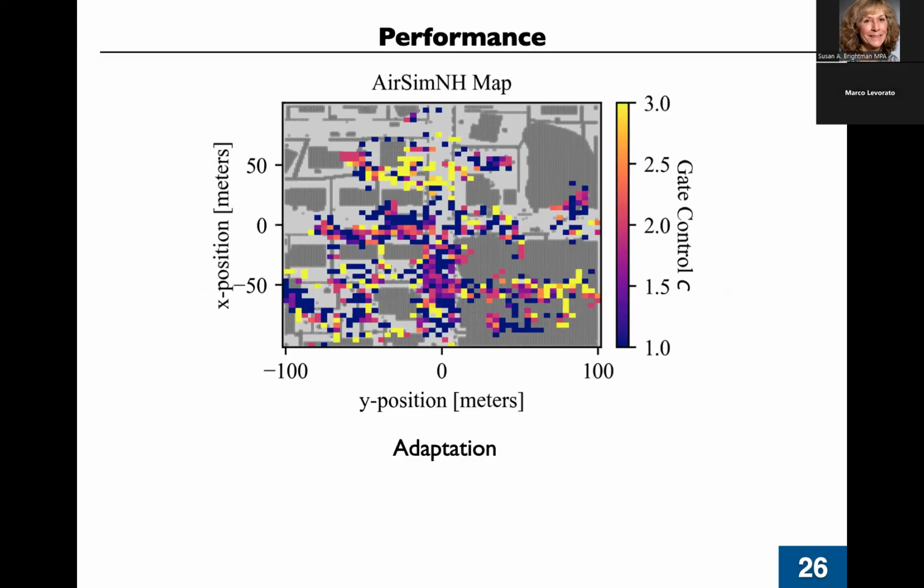Because if everything is far, I can use GPS and just go. If everything is close, no matter what, I need to go some other way. Mid-range, I need to plan, because now I have a problem where I can go one direction or another. I need to navigate in between the buildings. Okay? And you see the model adapting to this. So this is one thing that we do.